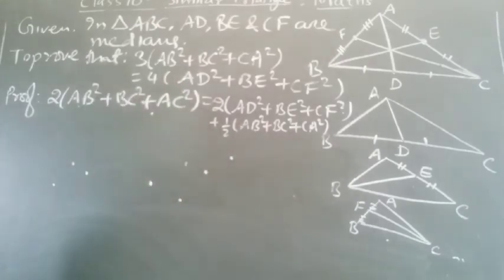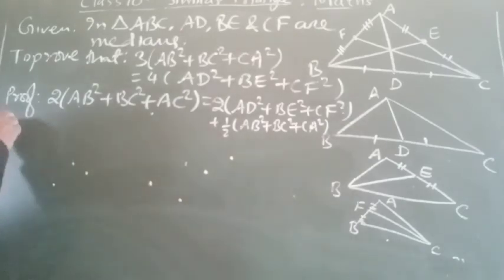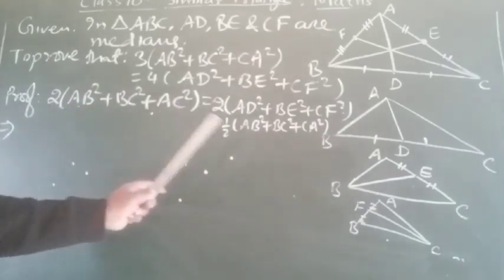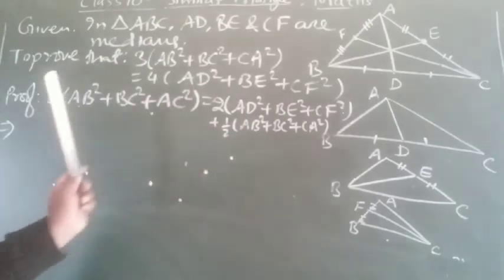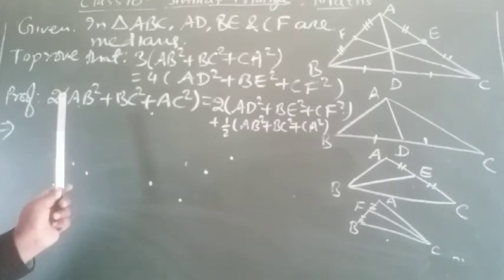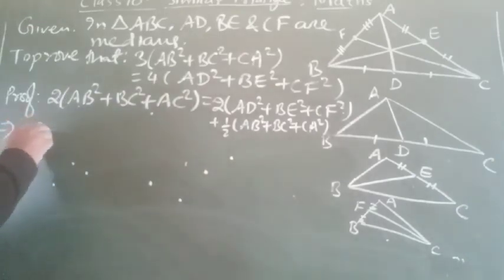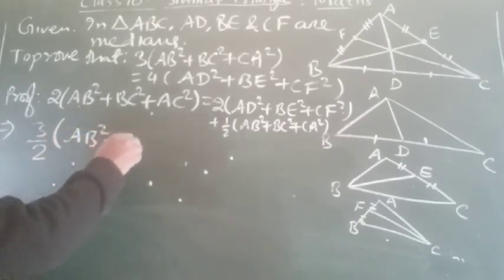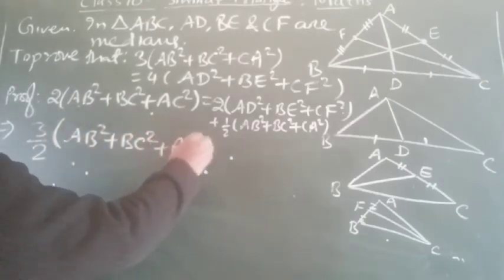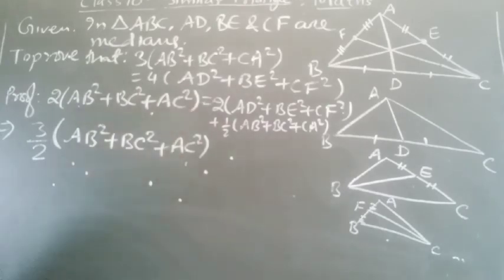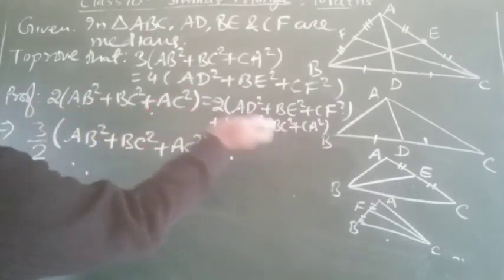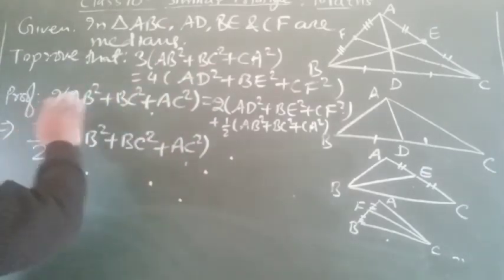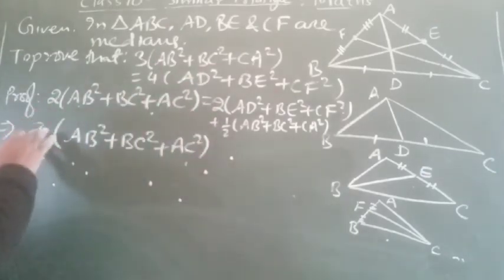It will go to this side. Suppose it is x and it is also x. Then 2x minus 1 by 2x becomes 3 by 2x. So 3 by 2 times AB square plus BC square plus AC square, and here it is 2 times AD square plus BE square plus CF square. AB square, BC square, AC square are common from both sides. 2 minus 1 by 2, after calculation, is 3 by 2.